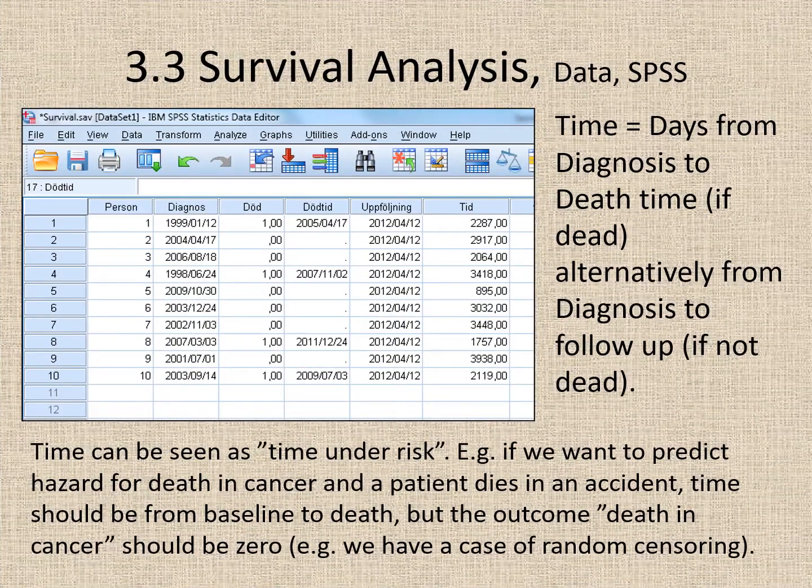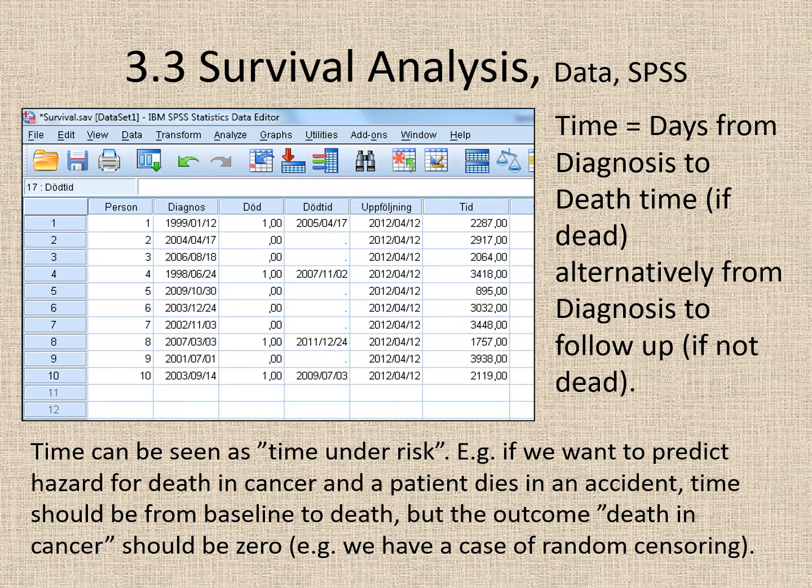We don't take into consideration whatever happened after that date. During this period, some of these patients died. 1, those died. 0, they're still alive. And for those who died, we get the date of death. So we can calculate this time variable here.